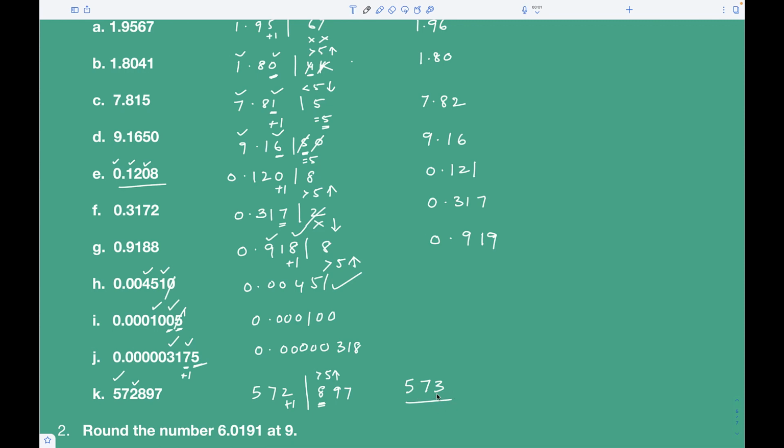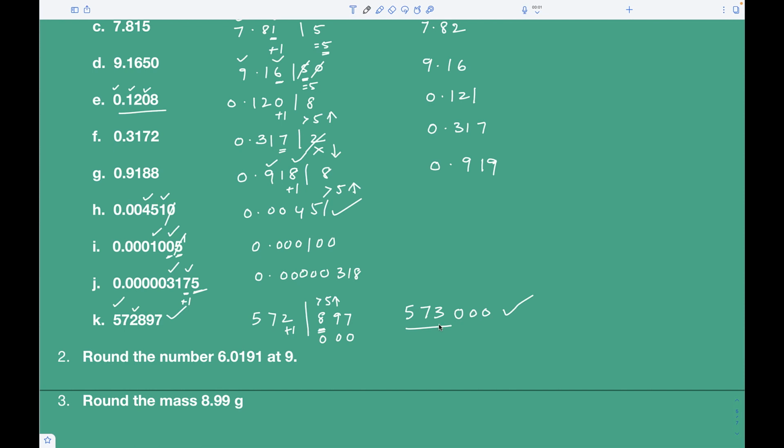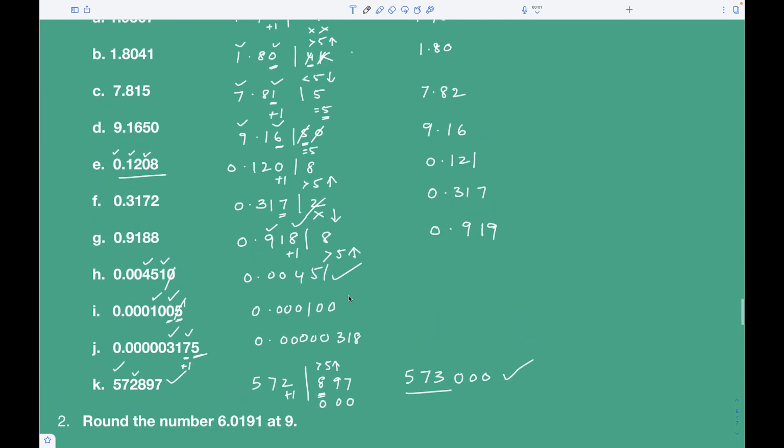So in this case, what you have to do is replace all the digits that you are dropping with zeros. So this is the value you would get when you round this integer to 3 significant digits. So sometimes you have to replace the digits that you are dropping with zeros. Sometimes you simply have to drop them.